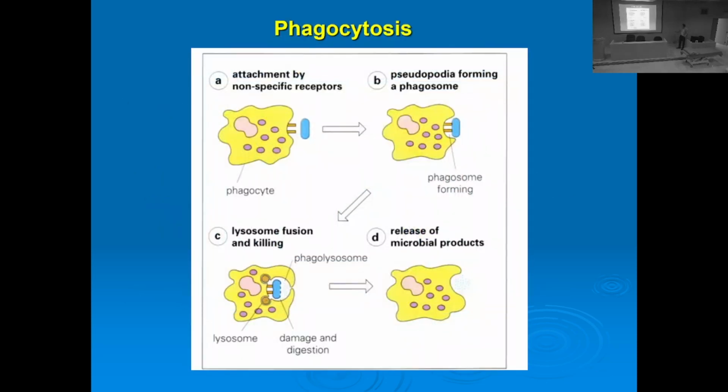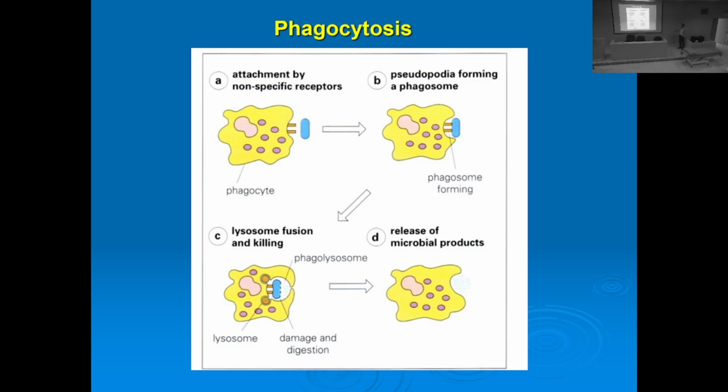All right. So, the phagocytosis process. This is the phagocytic cell, this is the antigen in blue, and there will be a non-specific receptor to which the pathogen could adhere. This non-specific receptor could be a receptor for some fractions of the complement, or a receptor of the Fc fragment of the immunoglobulins that are attached to the bacteria and that will be used to let the bacteria enter the phagocytic cells.